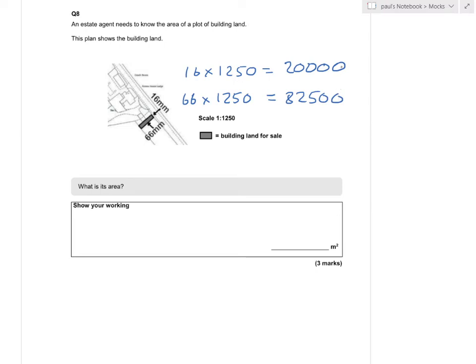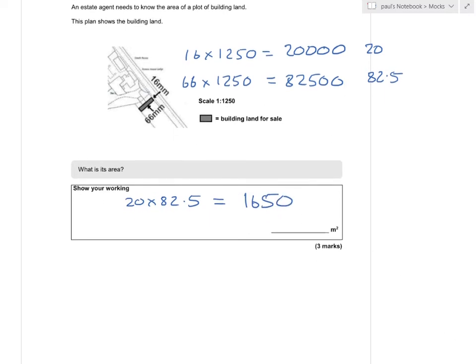Right, so divide by 10 for centimeters, and then divide by 100. So this is 20 meters by 82.5. So 20 times 82.5 is 1650. 1650 meters squared.